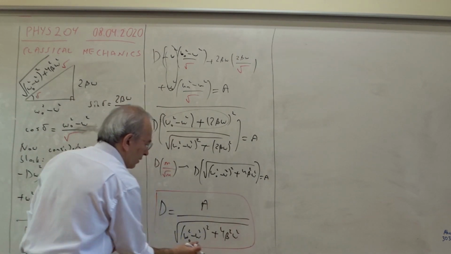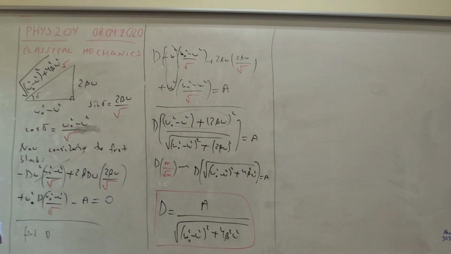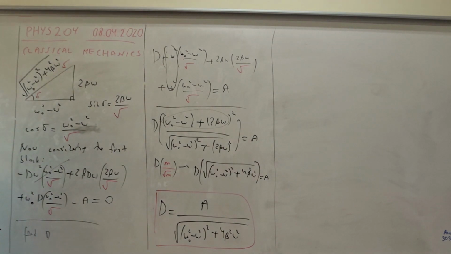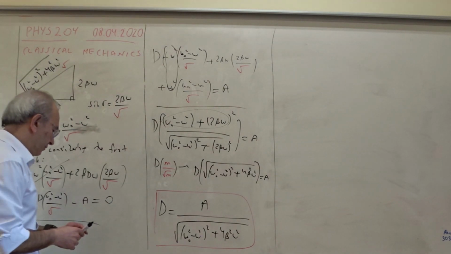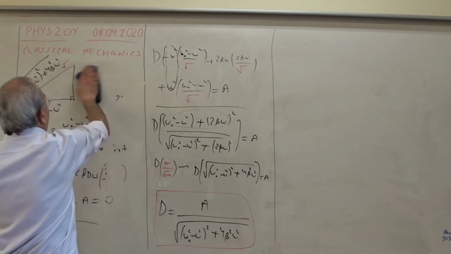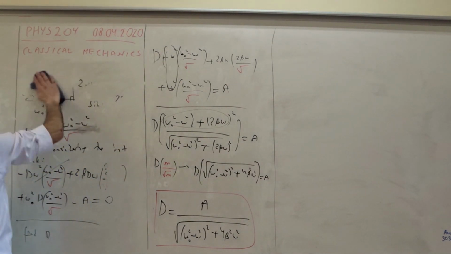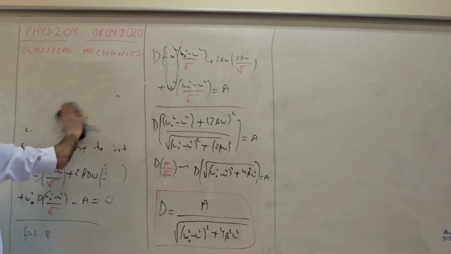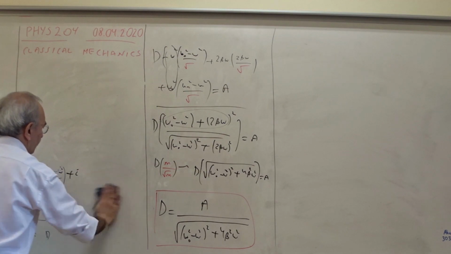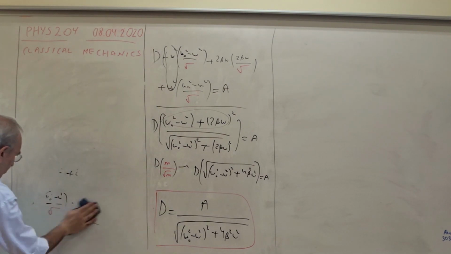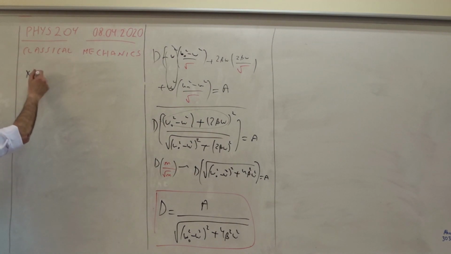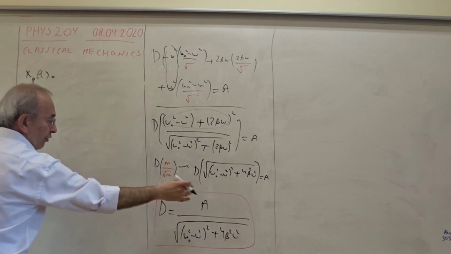So we obtain the amplitude capital D of the solution to the particular function. So x particular of t is this whole thing.